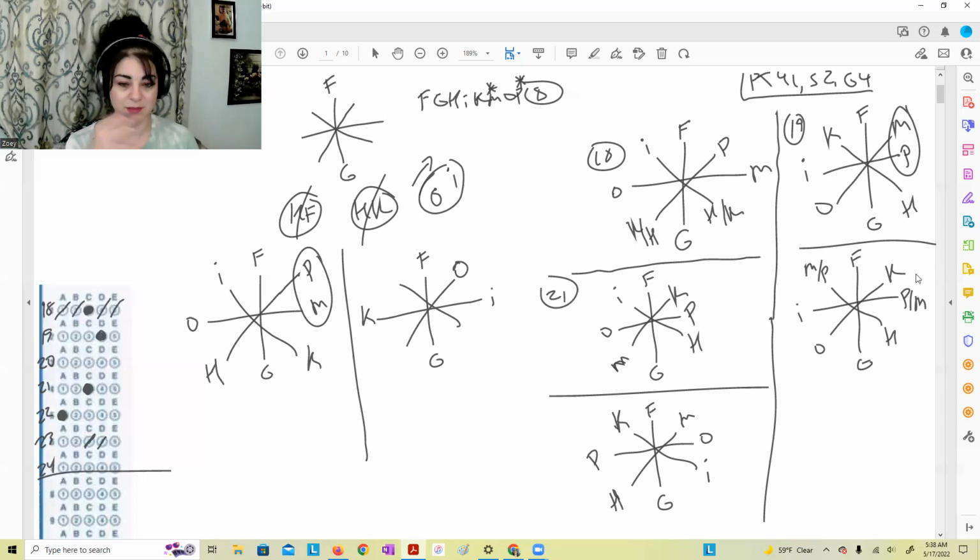So now we just have to plop down H. Well, H cannot be here and H cannot be here. It can't be next to either F or K. So H is going to have to be here, which means that P and M could go in either spot. And so who could be next to Olivia here? We could have either I or F. So I can get rid of A now. Awesome. A is gone.